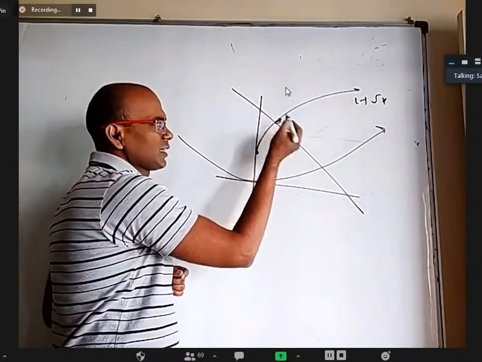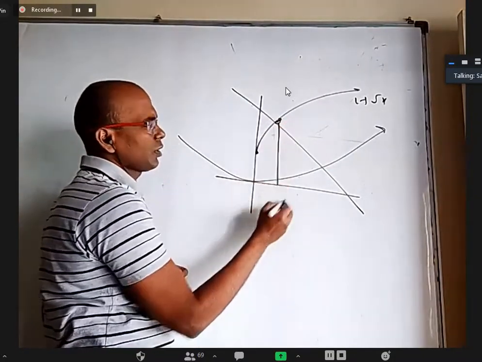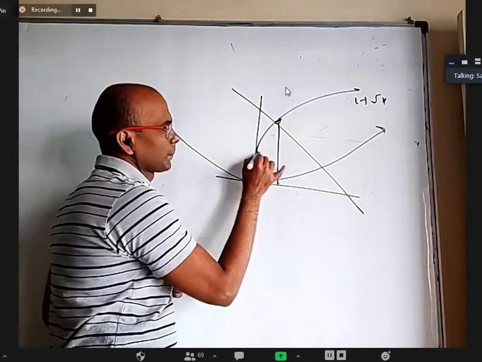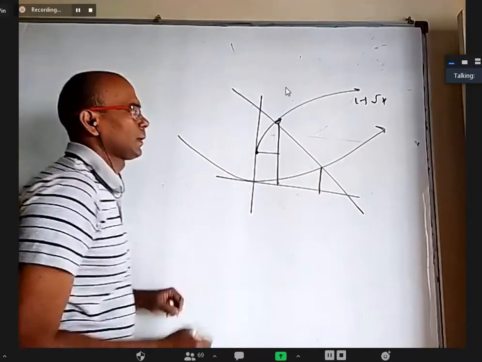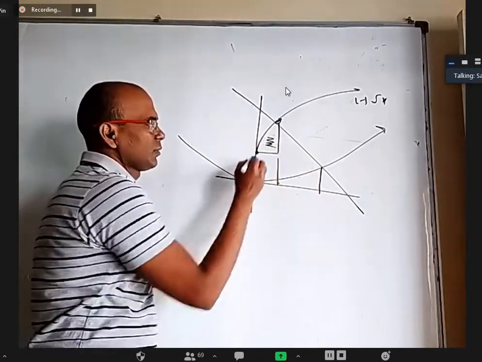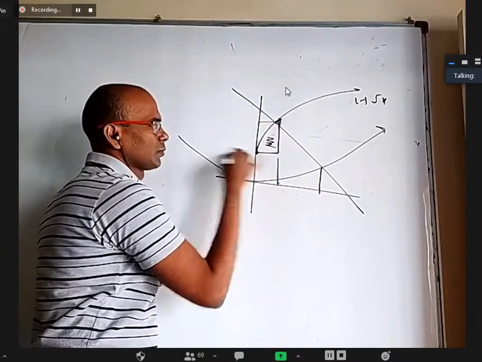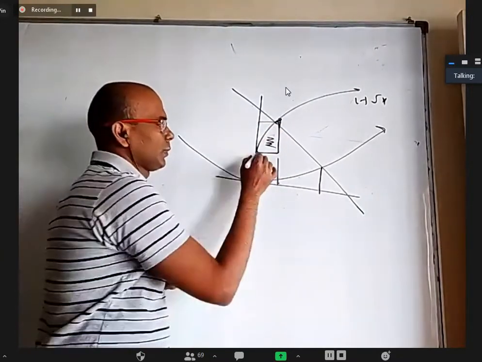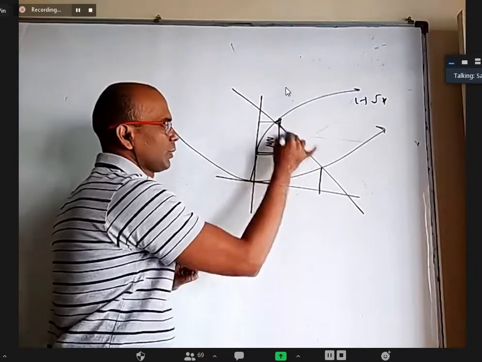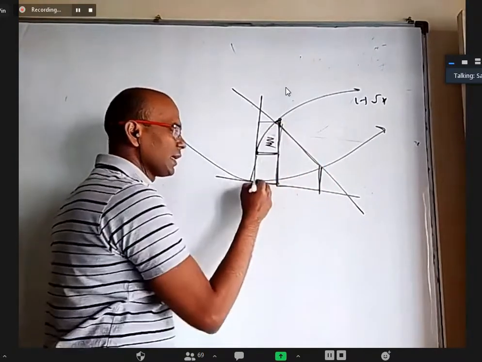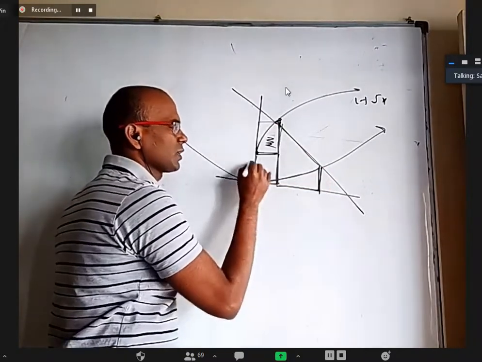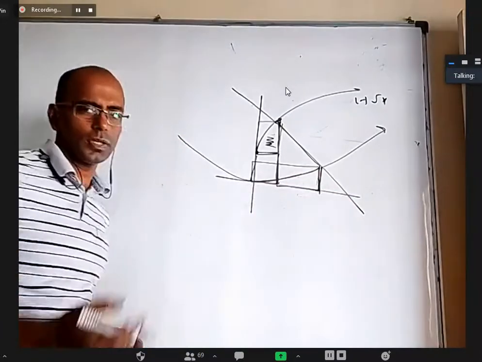So of course I've done integration, which is easy only, but if somebody wants, you can do one thing. This area will be 2/3 of this rectangle, plus you can take this rectangle, plus you can take this trapezium, and this area will be 1/3 of this rectangle. You can do that.